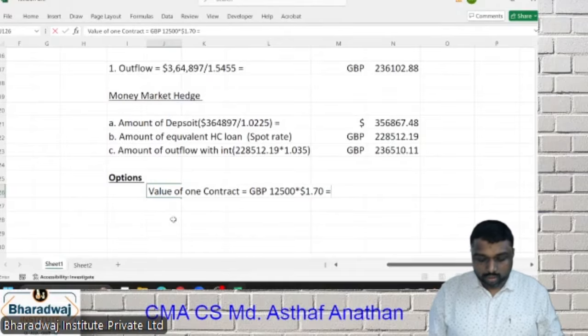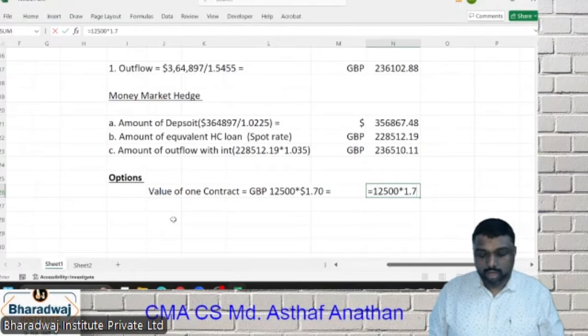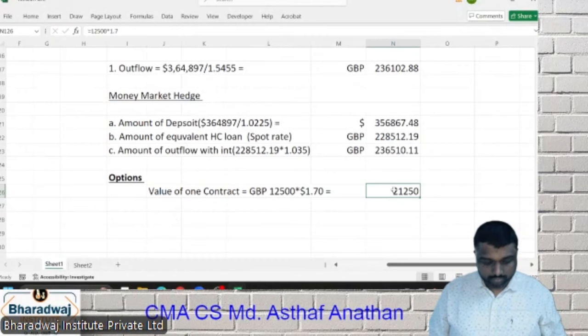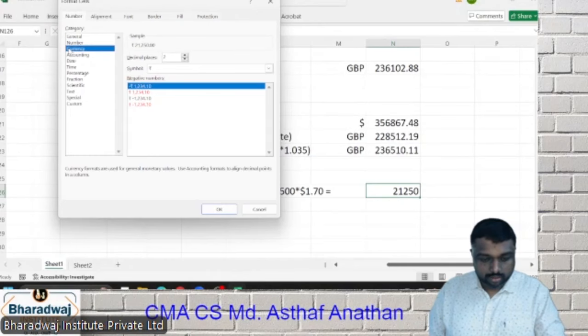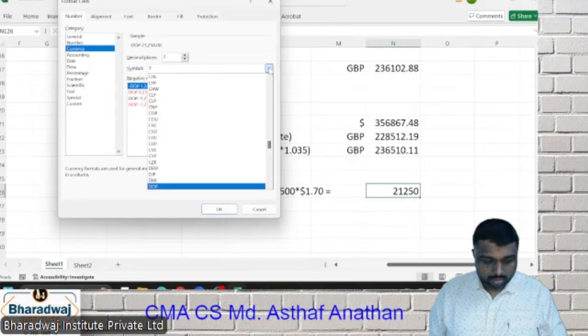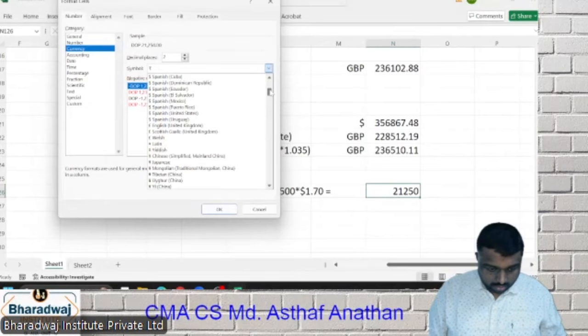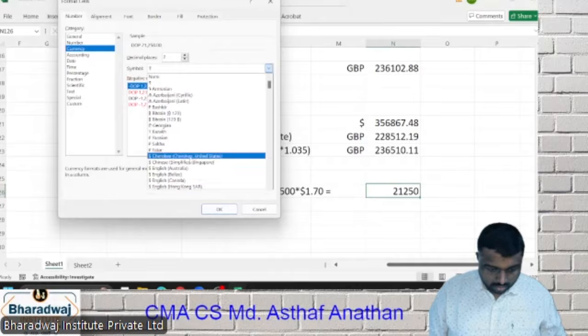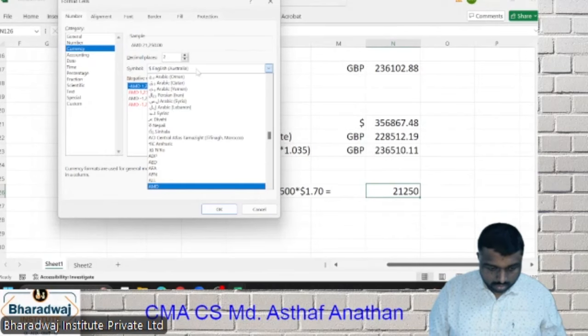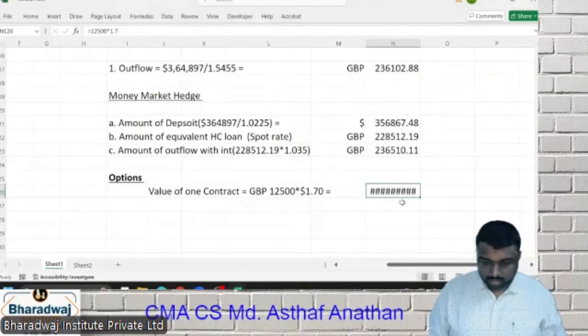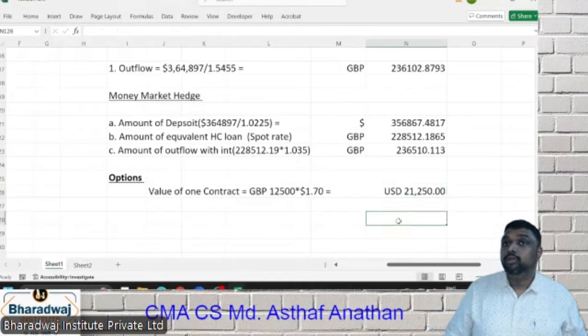So 12,500 into 1.7, you will get $21,250. This is the amount in US dollars.